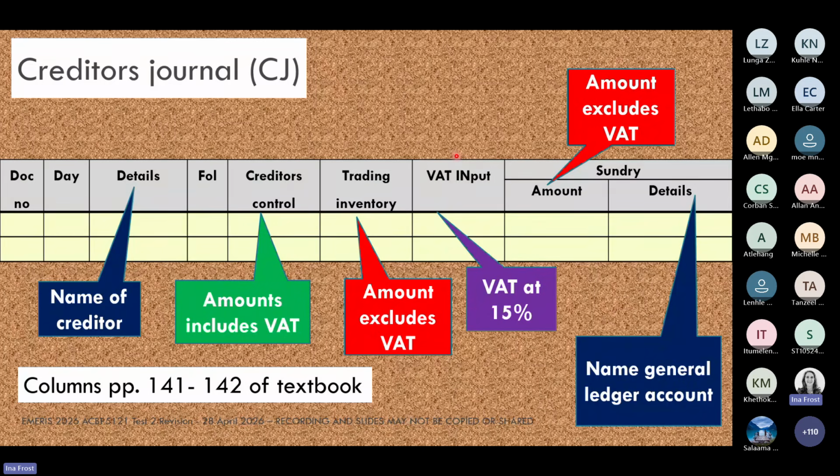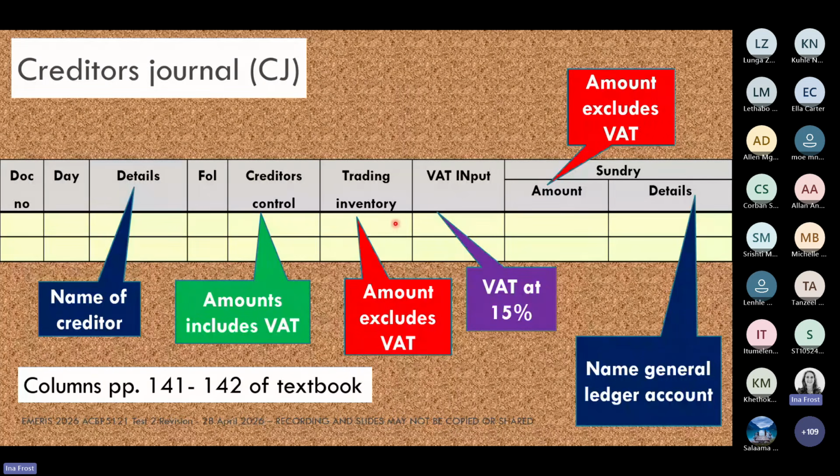You must still think zero rated, exempt, non-allowable. You still have to think how to do the VAT calculations. So please don't look at your input and output VAT columns without remembering all the theory that we showed you in Learning Unit 3.